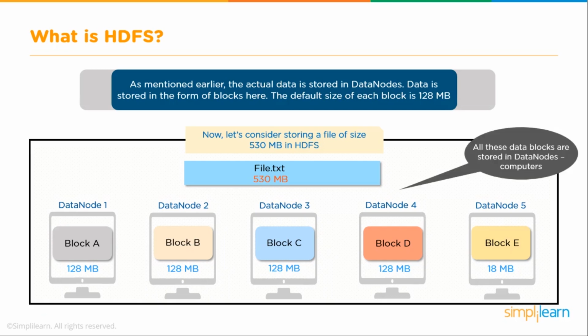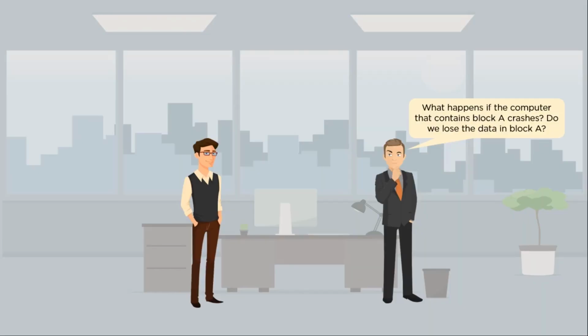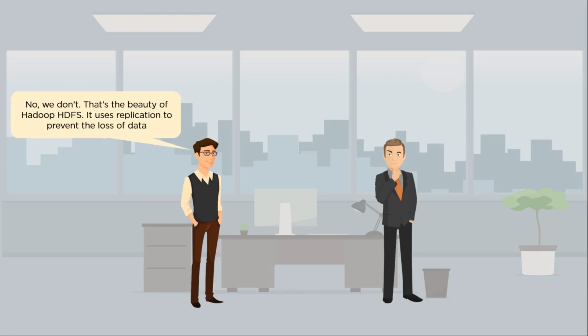Now all these blocks are getting stored in data nodes. Now what happens if the block or the node containing block A crashes? So do we lose the data because the underlying machine has gone? And that's the beauty of HDFS, that we have something called as auto replication. And that is mainly to give you more fault tolerance. That is mainly to prevent the loss of data.